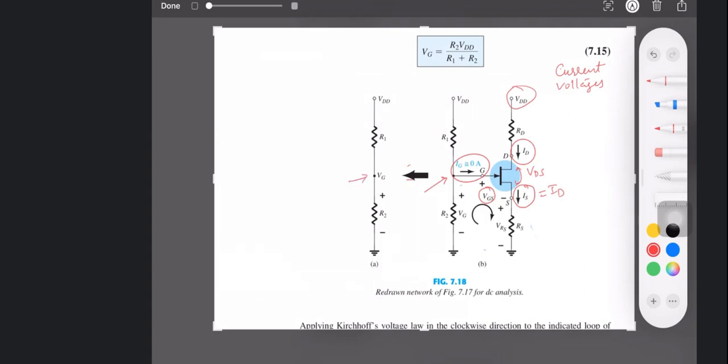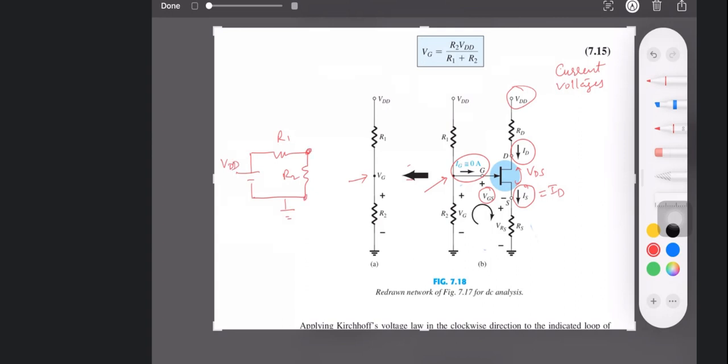The voltage divider, right? This is R1, this is R2, this is VDD.